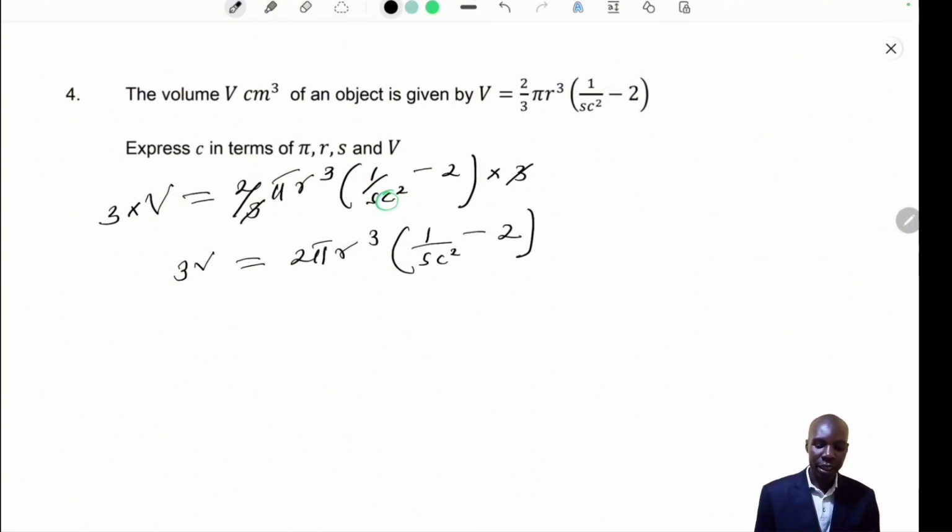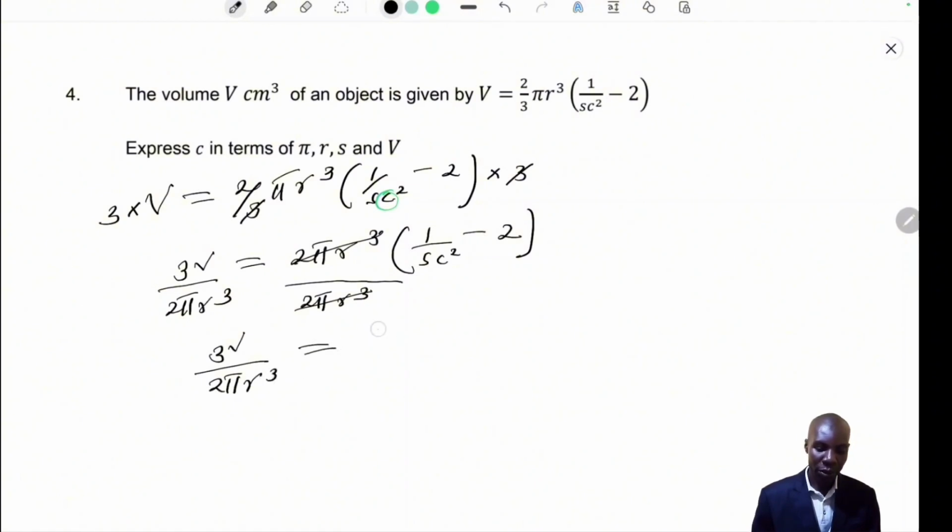Then we can divide both sides by 2 pi r cubic, so this one cancels out. We now have 3v over 2 pi r cubic given by 1 over SC squared minus 2.